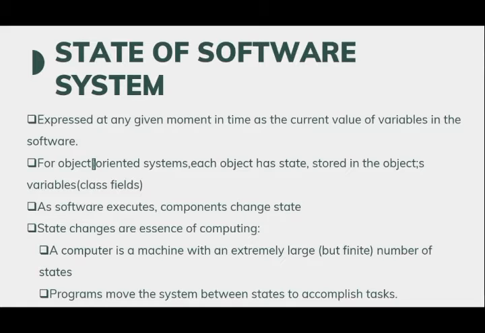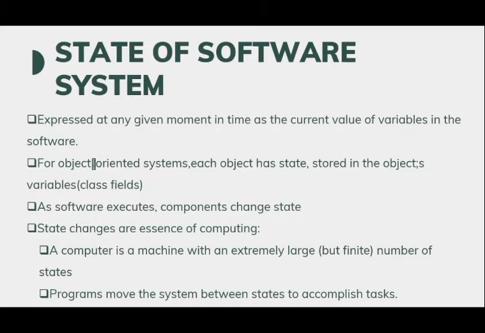The state of a software system is expressed at any given moment in time as the current value of the variables in the software. For object-oriented systems, each object has state stored in the object's variables or class fields. As software executes, components change state. State changes are the essence of computing.